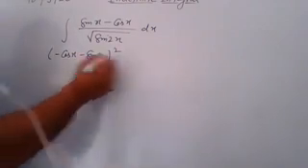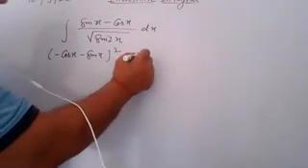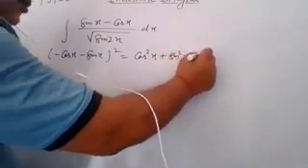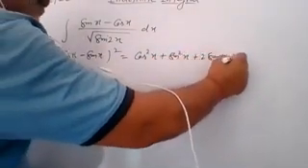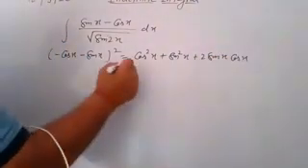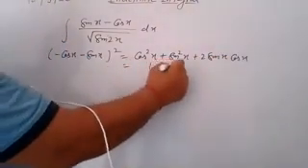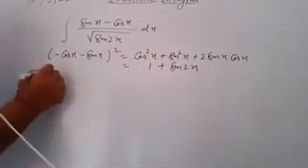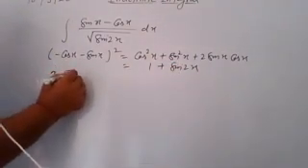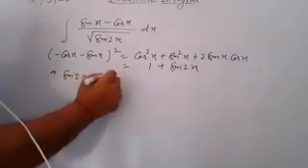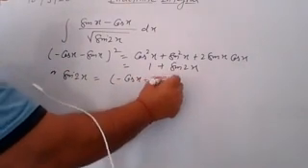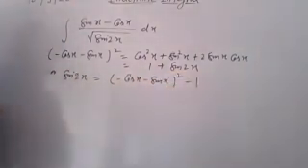Now if you expand this, you have cos square x plus sin square x plus 2 sin x cos x, and 2 sin x cos x can be written as sin 2x. So here you have sin 2x. Now you find the value of sin 2x. So sin 2x can be written as (minus cos x minus sin x) whole square minus 1.